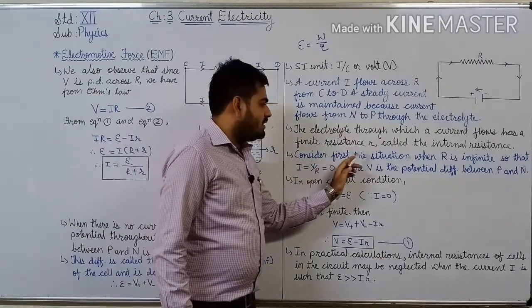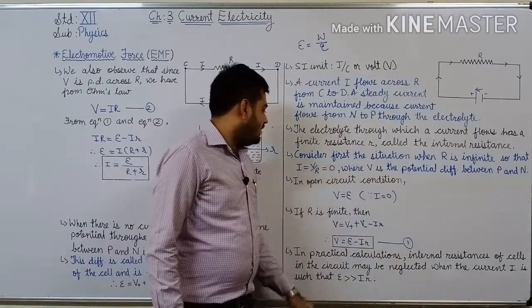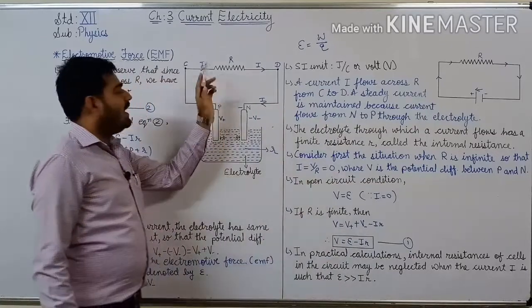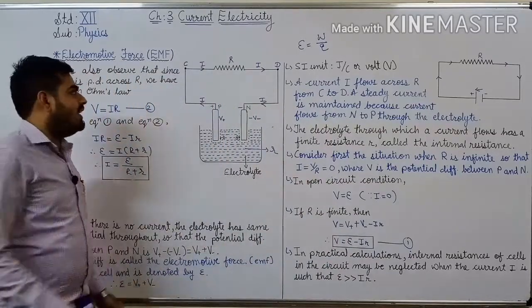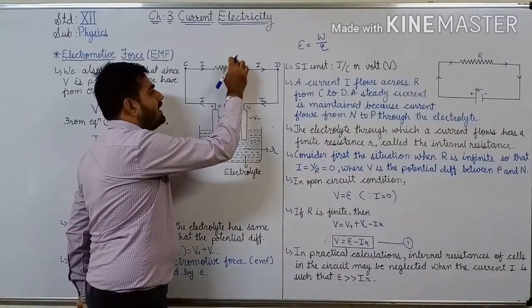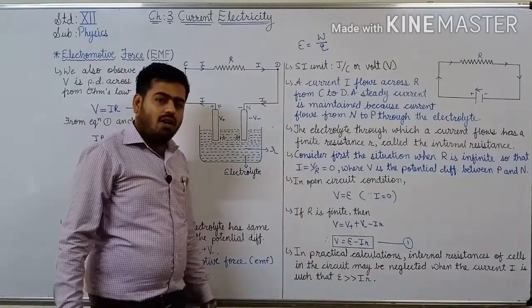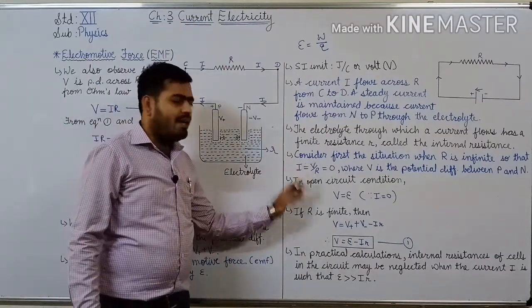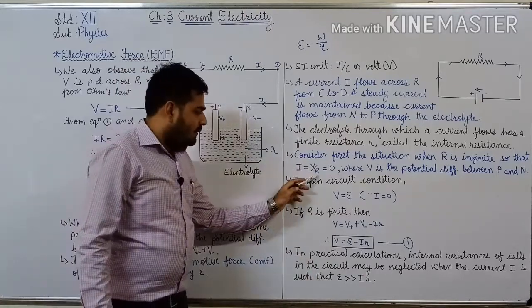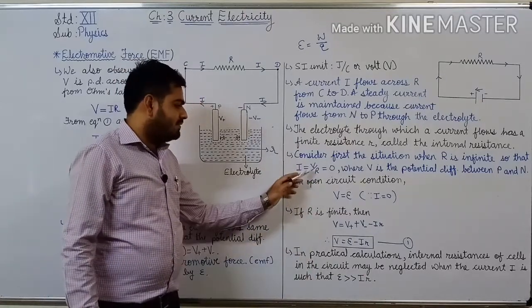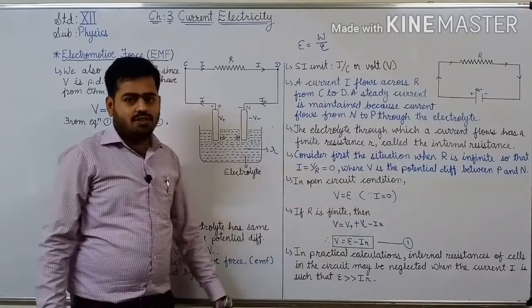Consider first the situation when R is infinite. Suppose the value of R becomes very large. If R tends to infinity, then according to Ohm's law, I is equal to V by R, the electric current will become 0.